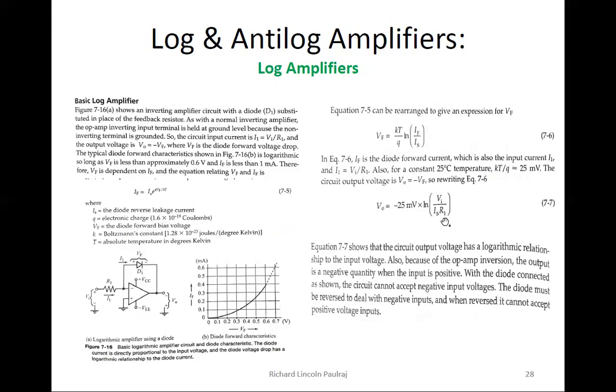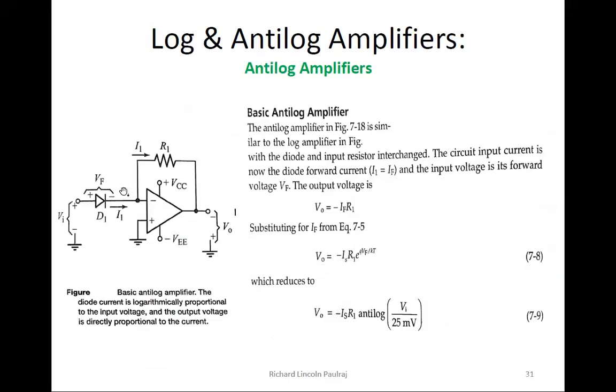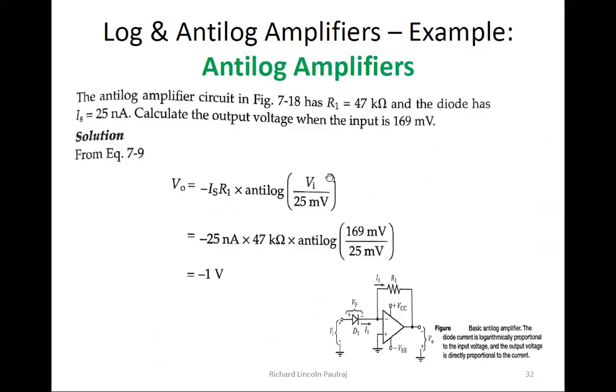As you can see, IF is equal to IS e raised to QVF divided by KT. So this is actually substituted, right? IF is substituted with that, R1 is retained as it is. And finally we see that an anti-log operation is happening just because of the inversion of this diode and resistor. So now let's solve a problem and we will see how this actually holds good.